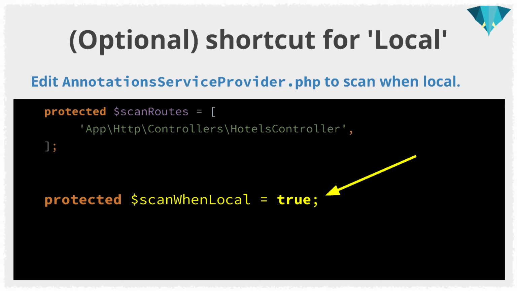By setting that to true, when we're working in our local environment, every time we execute the program and boot the framework, it will scan all of the files in that list for annotations. Now, of course, this makes things a little bit slower, but it's a fraction of a second, I suppose. But that's sure better than having to either type php artisan route:scan or putting in some sort of file system watcher that runs the script.